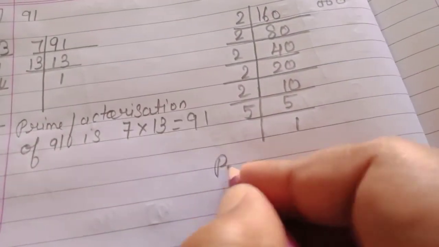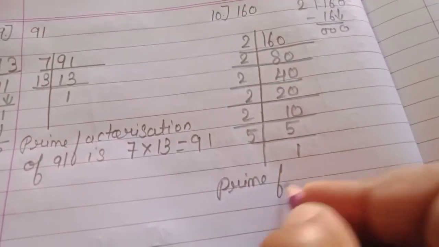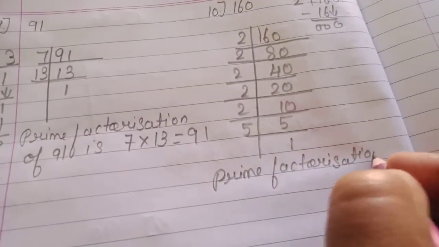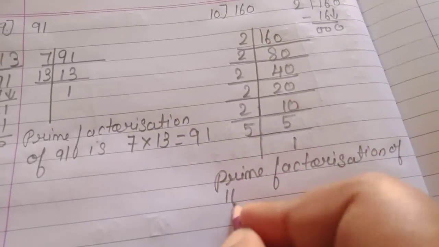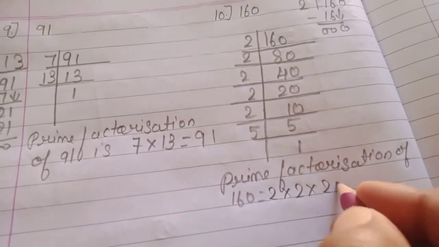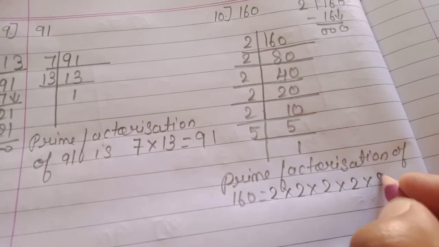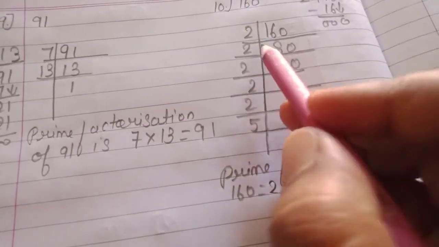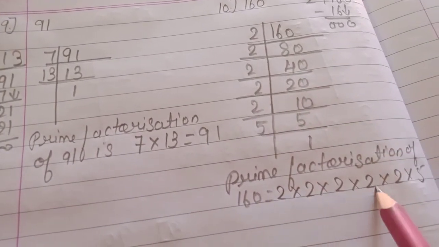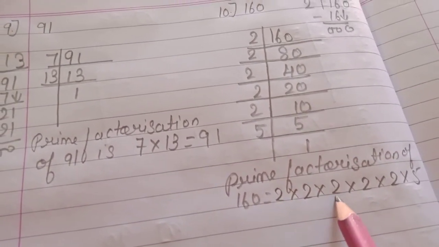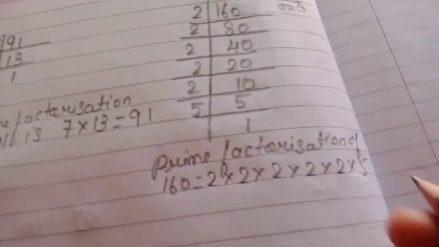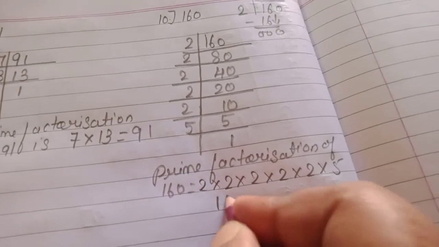So prime factorization of 160 equal to 2 multiply by 2 multiply by 2 multiply by 2 multiply by 2 multiply by 5. 1 2 3 4 5. So 2 2s are 4, 4 2s are 8, 8 2s are 16, 16 2s are 32, 32 5s are 160.